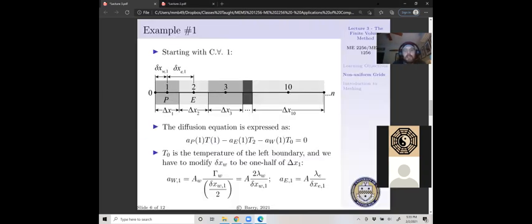Now let's start with our first control volume, and we're going to set this up in a very generic manner. Let's look at CV1. And as opposed to starting with the interior, we're just going to move sequentially through our domain. So if we're looking at CV1, here is our center cell P. So our diffusion equation for this would be AP times T1, where T1 is the value of our cell center, P, minus A east T2.